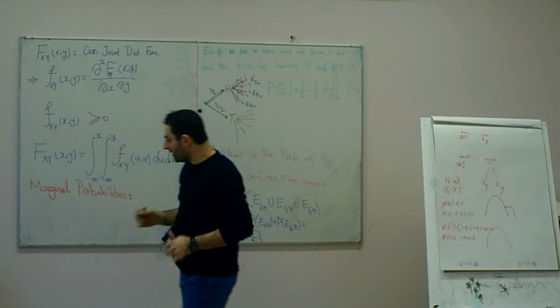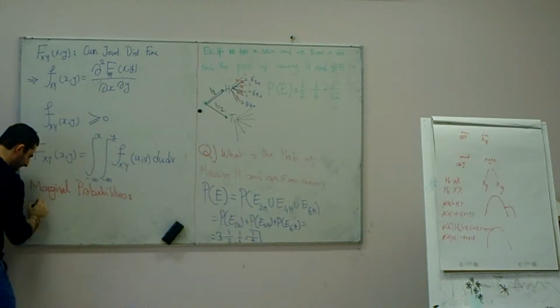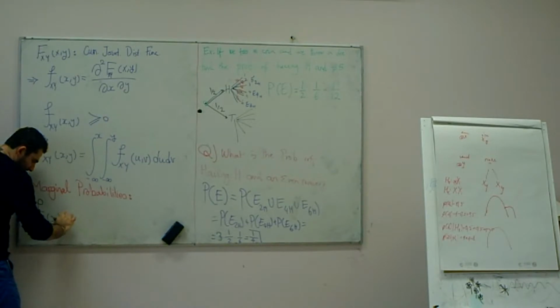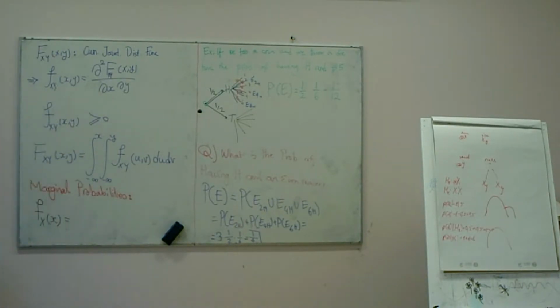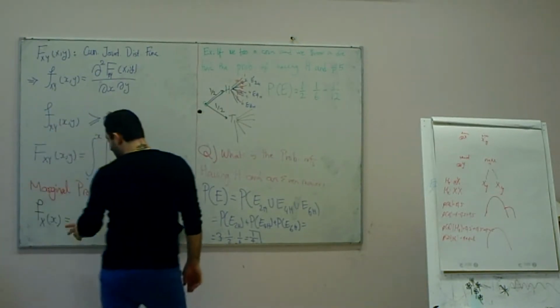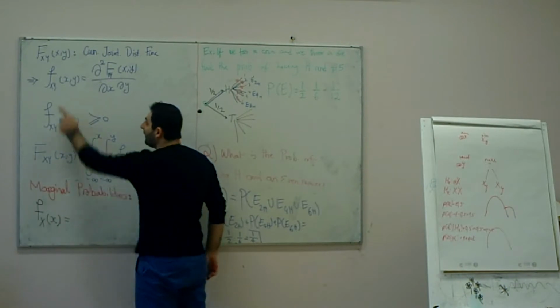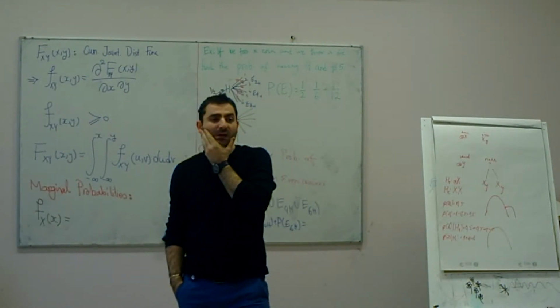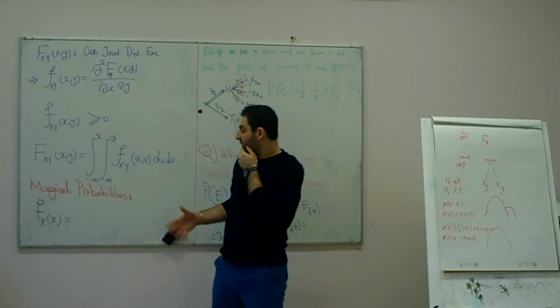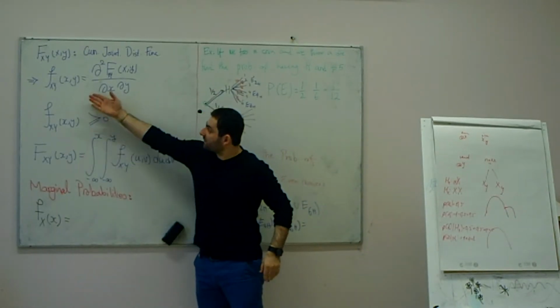The question is, how can I calculate f of x, and how can I calculate f of y? Can you tell me what is the difference between f of x and f of x and y? What do you observe?